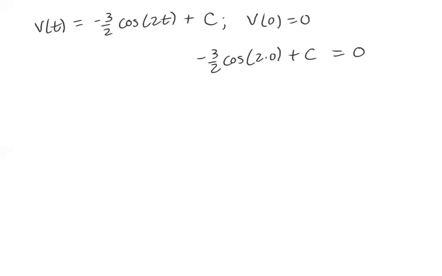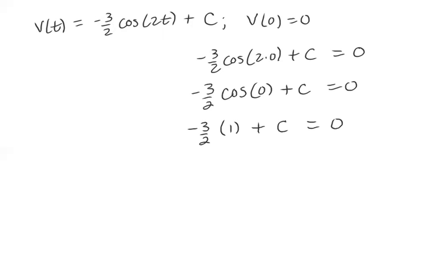So I have negative 3/2 times the cosine of 2 times 0, which is the cosine of 0, plus c. Cosine of 0 is 1. It's not 0. So it's equal to 0. So I have negative 3/2 times 1 plus c.